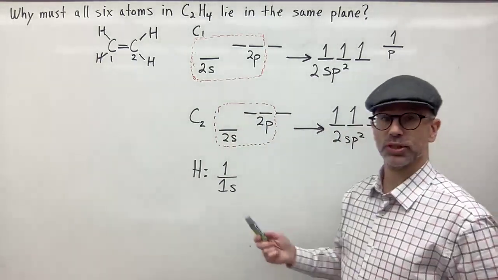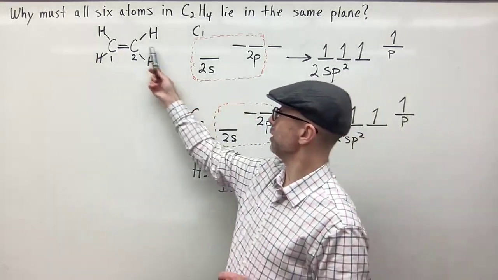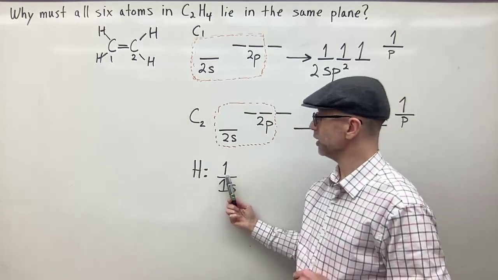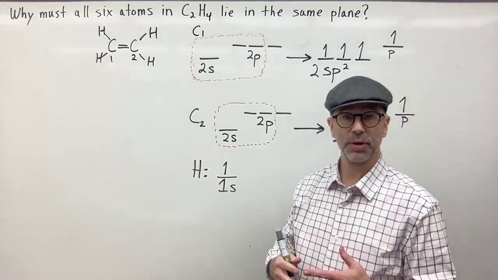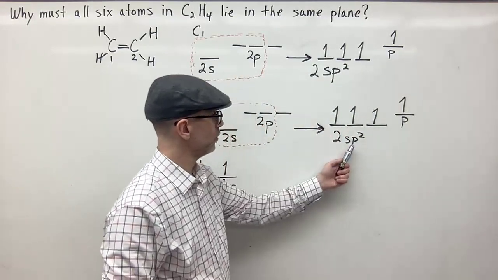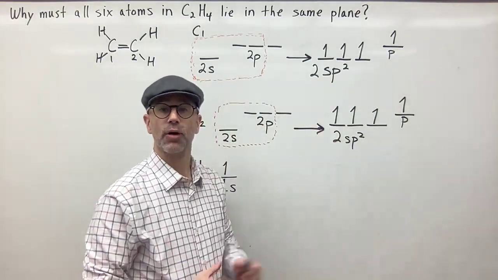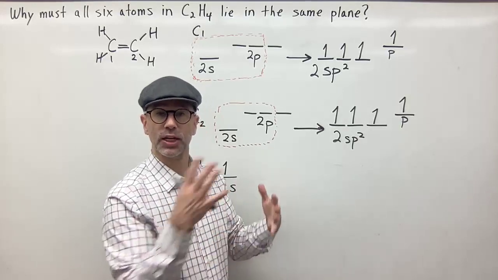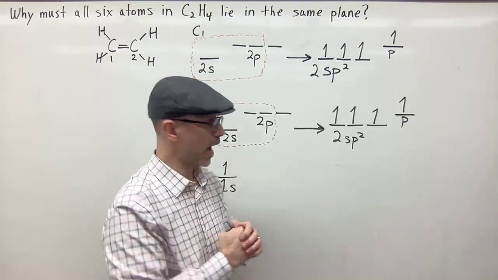And so then what's going to happen is the unhybridized orbital for the hydrogen is going to overlap with one of the sp2 hybridized orbitals on each of the carbons. They're going to pair up electrons. You're going to share those two electrons now between the atoms.